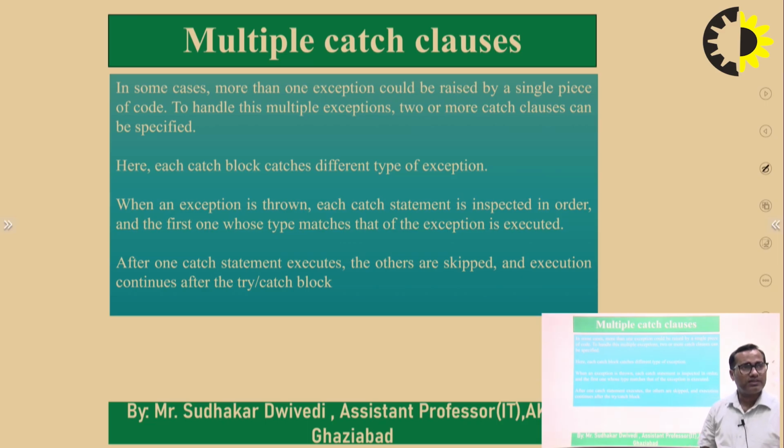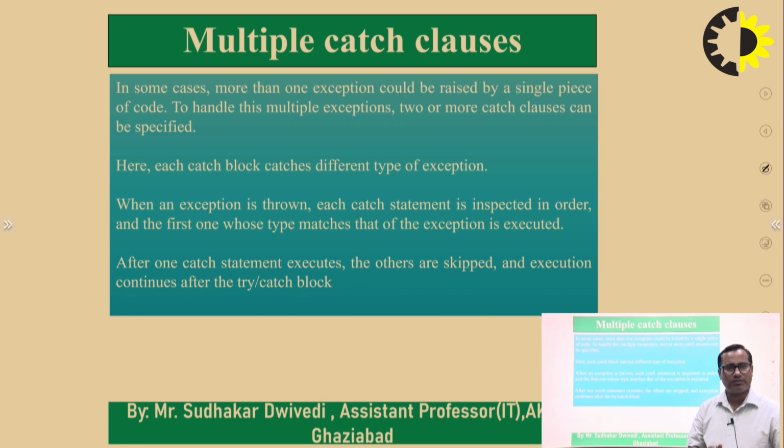In some cases, more than one exception could be raised by a single piece of code, as I have said. To handle multiple exceptions, we need multiple catch blocks, because one catch block is required to handle one type of exception. That means each catch block catches a different type of exception, right?